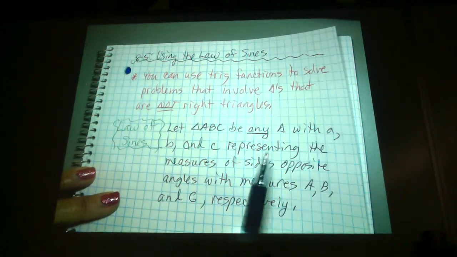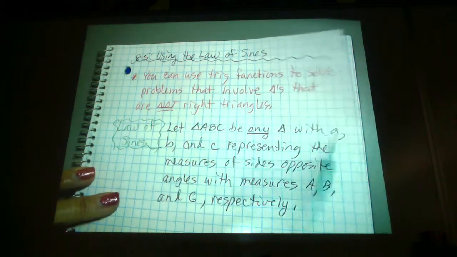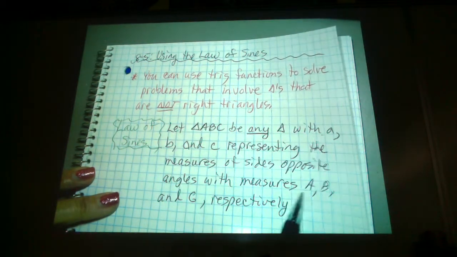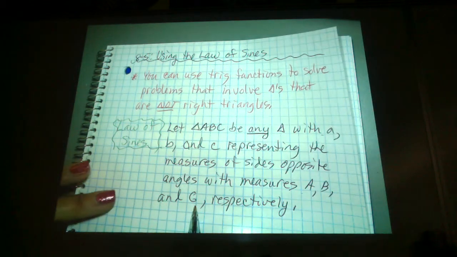So side lengths on our triangles are going to be represented with lowercase letters, whereas angle measures are going to be represented with capital letters.